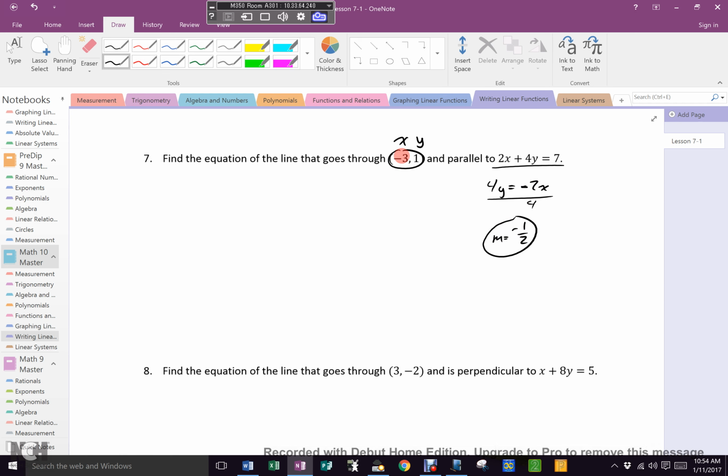Slope, point. Y minus what? Yep, y minus 1 equals, what's my slope? Negative 1/2 x minus, it's x, technically it's x minus 3, right? But we would never write minus 3.